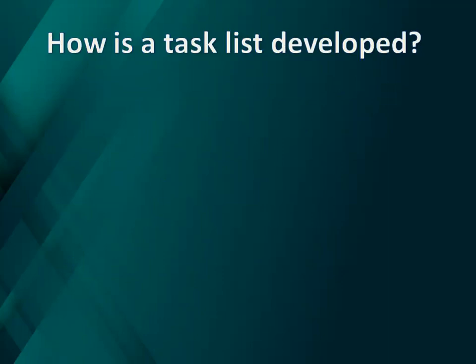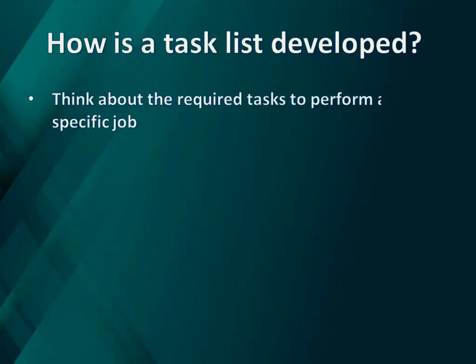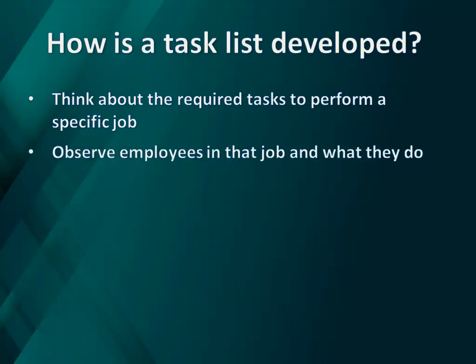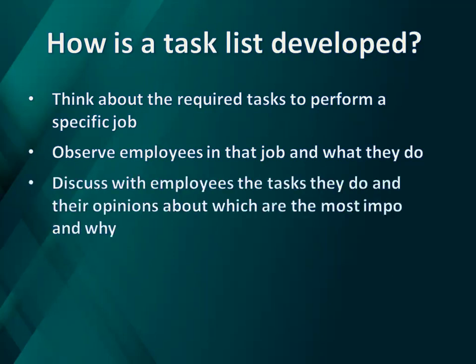How is a task list developed? Think about the required tasks to perform a specific job. Observe employees in that job and what they do. Discuss with employees the tasks they do and ask their opinions about which are the most important and why.